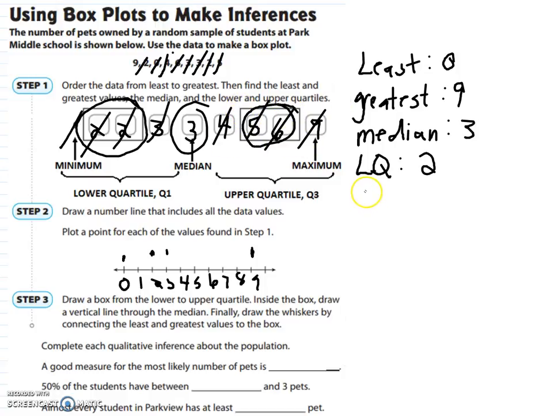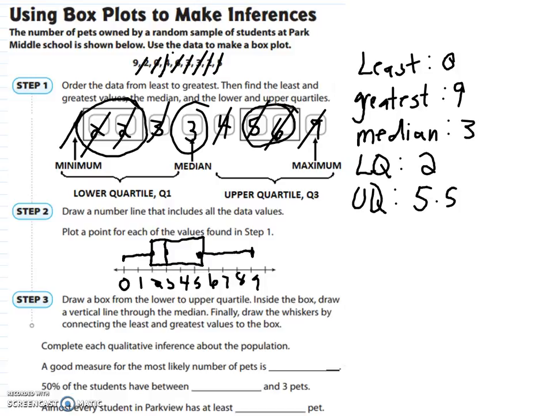We have 5 and 6. The upper quartile is going to be 5.5. In between 5 and 6, make a dot. Okay, put a box around your lower and upper quartiles. Draw a line for the median. Connect your greatest and least value.